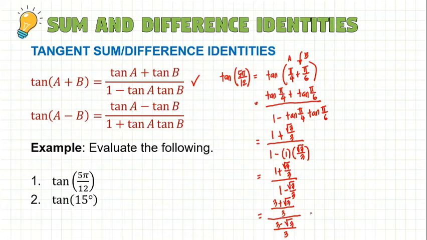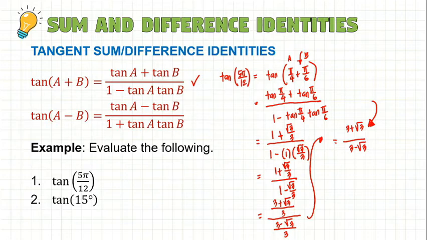So there. And this will now be equal to, so 3 will be canceled out. So we will have 3 plus square root of 3 all over 3 minus square root of 3. You can have this one as your final answer, or you may rationalize this one to get the simplest form.